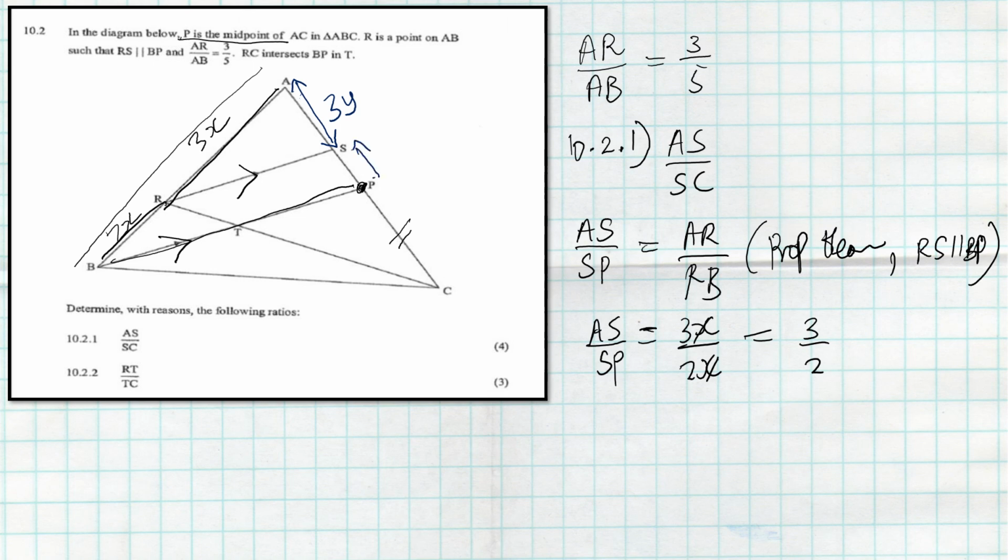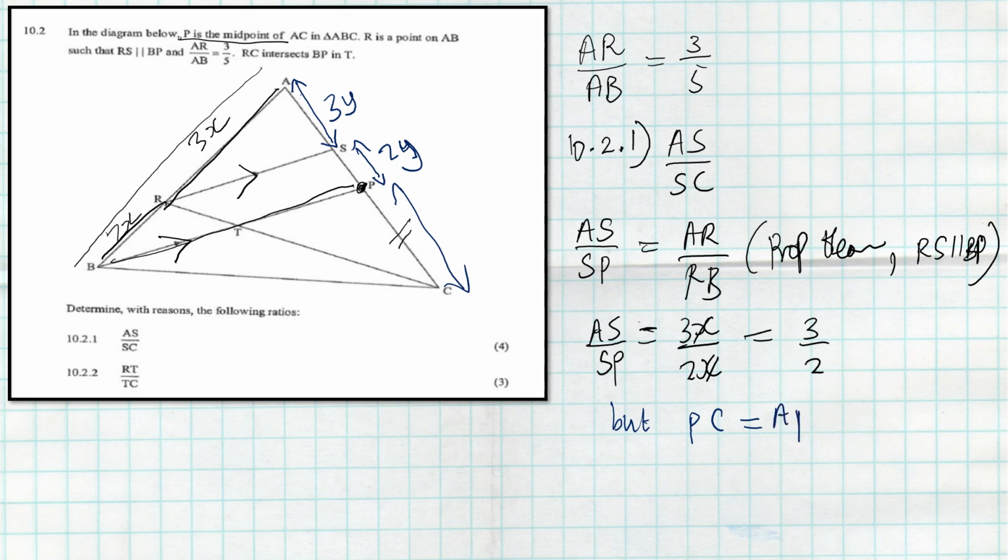SP, this one, is going to be what? 2y, right? 2y. Okay, so from this we can also fill till here, because we know that PC is equal to what?